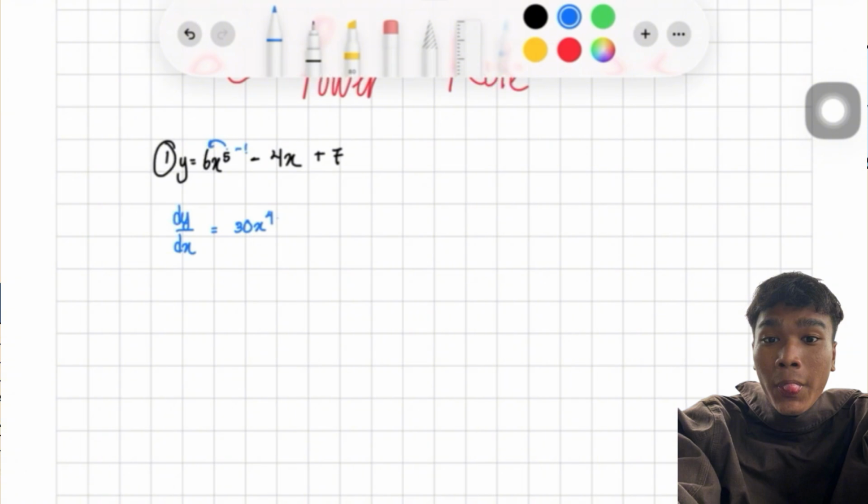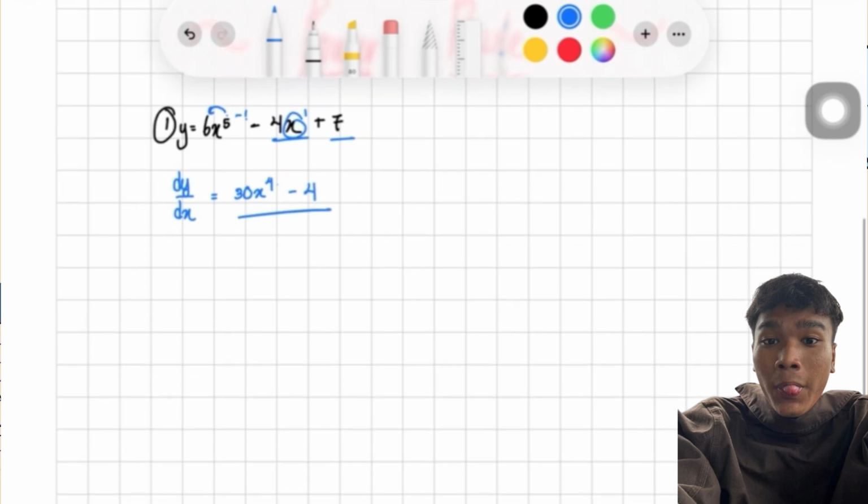For the second term, since x is to the power of 1, its derivative is simply 1, and multiplying by the coefficient gives negative 4. For the constant term, the derivative of any constant is 0, and we combine them to get this.